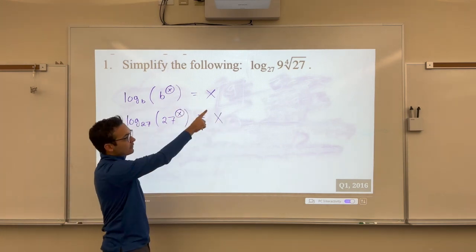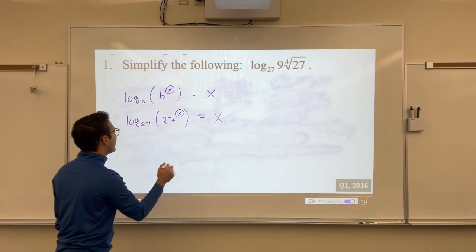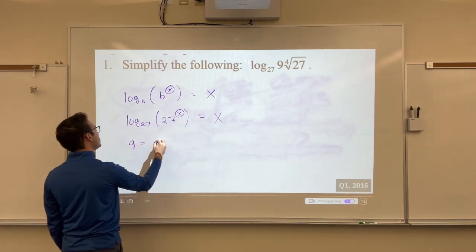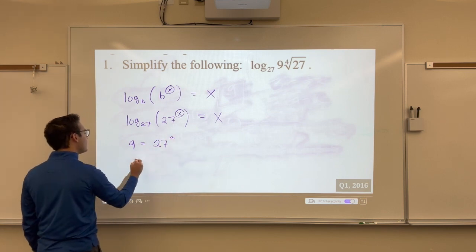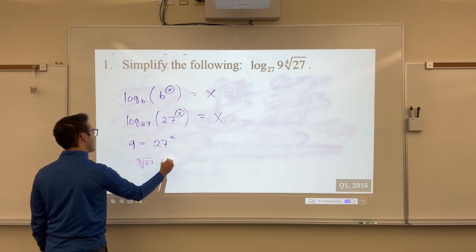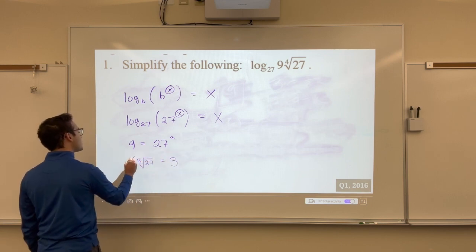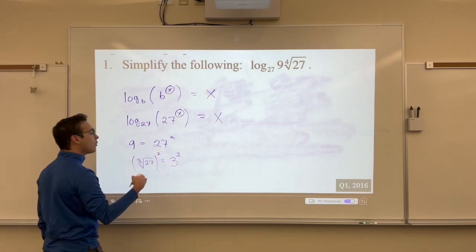So let's rewrite this input as a power of 27. Let's start with 9. 9 is equal to 27 raised to a certain power, let's call it a. Well, we know that the cubed root of 27 is equal to 3. And then if we square both sides, that would equal 3 squared, or 9.